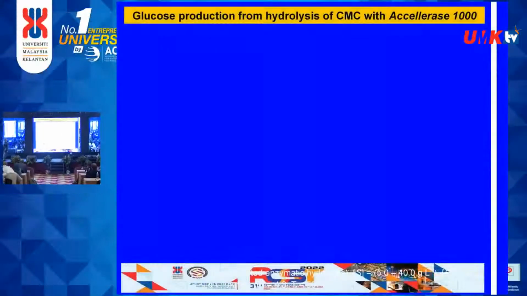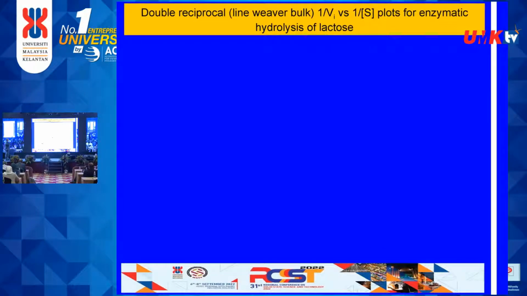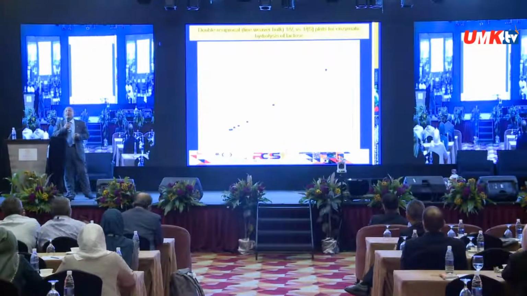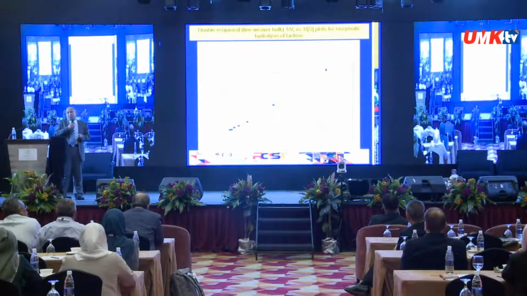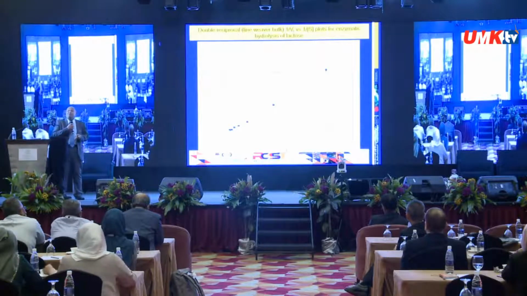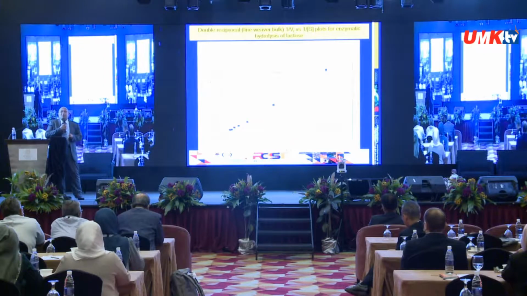Okay, this is the double reciprocal Lineweaver-Burk plot, 1/V versus 1/S, for the enzymatic hydrolysis of lactose, just to determine the VM value and the KM value. The VM value is the maximum reaction rate, and KM is the Michaelis-Menten constant, which represents the enzyme use.